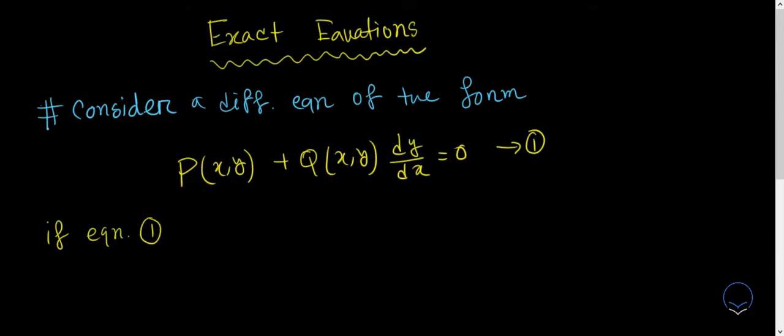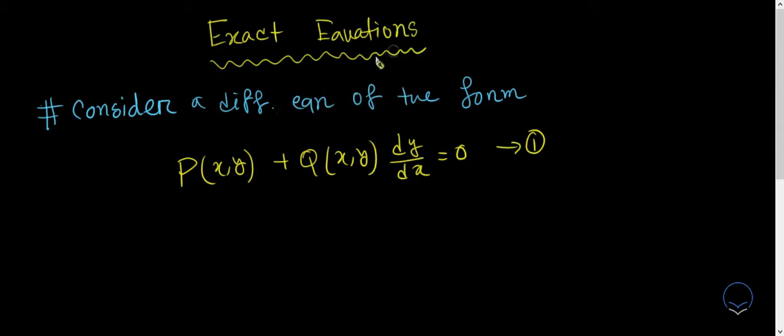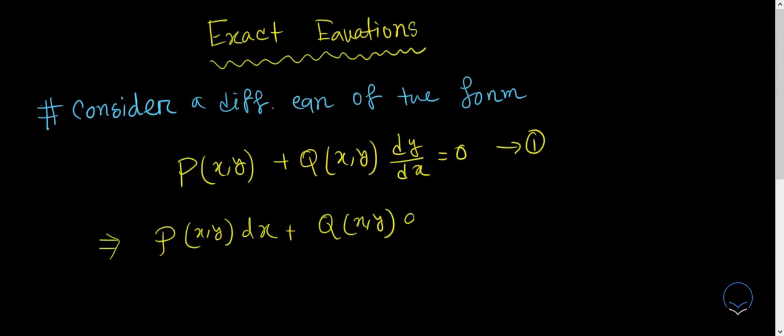So let me be a bit precise. So let's say you have equation 1, and after that what you do is that you write it like this. From this line you can have it p x y dx plus q x y dy equals to 0. Let's call it equation 2.